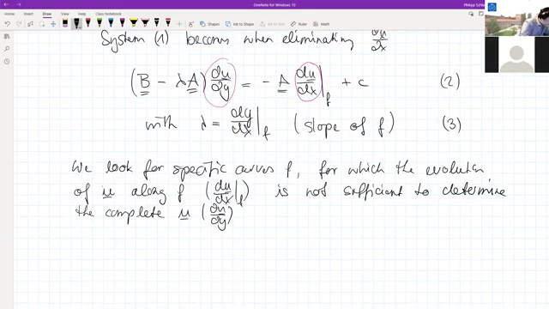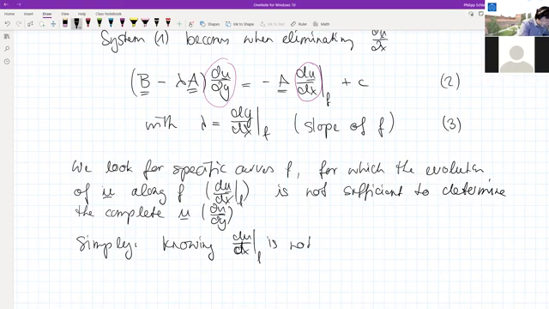Or in other words, or simply, I look for specific curves for which knowing du dx along f is not enough to compute du dy.